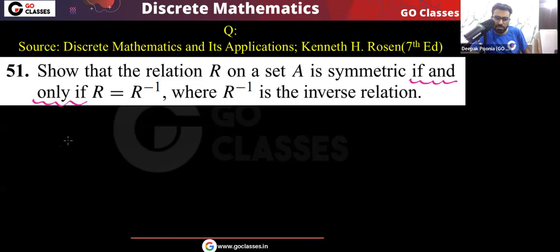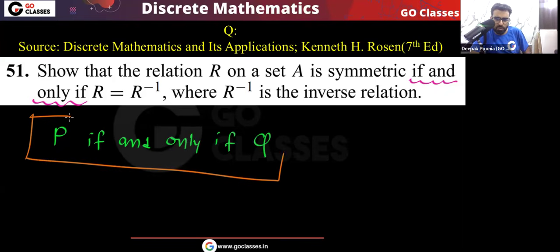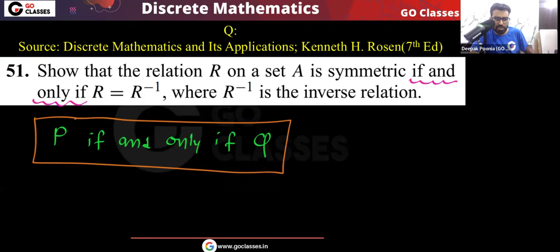I told you one thing, that whenever you need to prove P if and only if Q, this type of statement basically has two sides. What are the two sides? One side is "if", and another side is "only if".